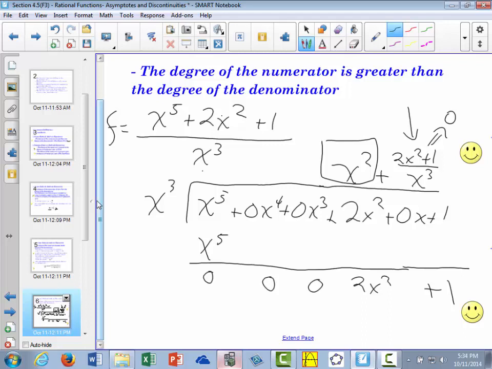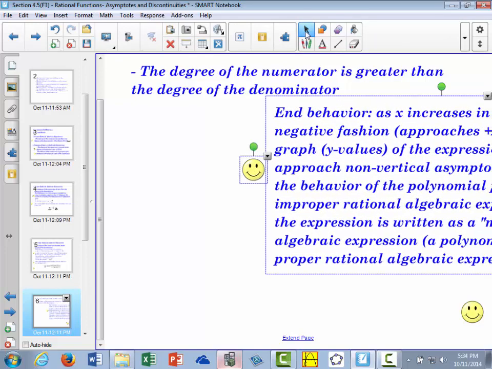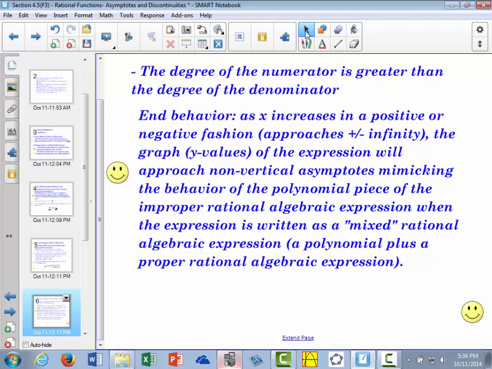If we wanted to summarize that in words, we could say that the end behavior, as x increases in a positive or negative fashion, of this type of expression where the degree of the numerator is greater than the degree of the denominator, will approach a non-vertical asymptote, which means that it will start looking a lot like some other function.